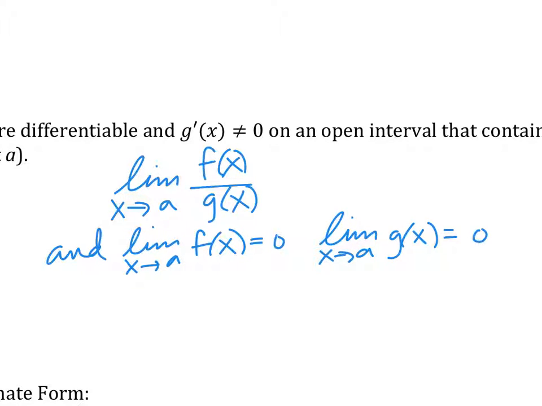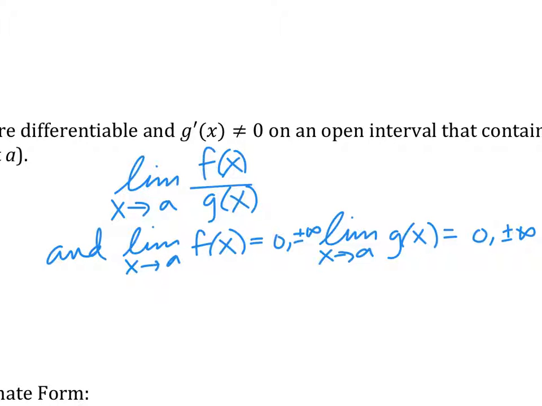So you take the limit of each one, and both of them equal 0. Or also, it doesn't have to always equal 0. It could also be plus or minus infinity. That is also something that works. So either you get 0 over 0, infinity over infinity, or plus or minus infinity over plus or minus infinity.